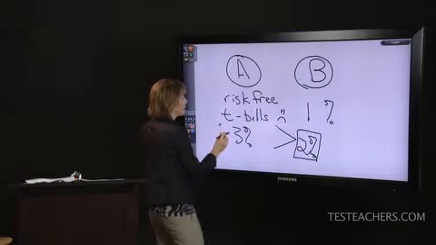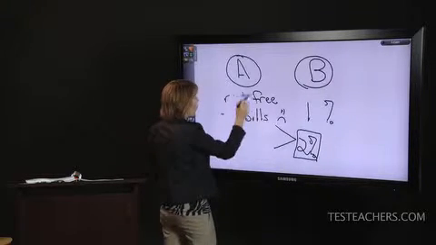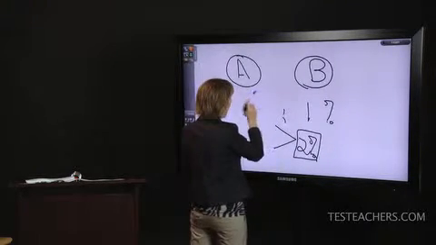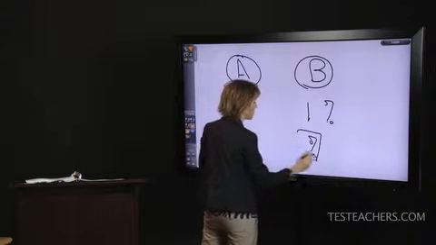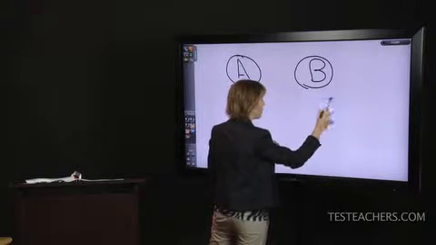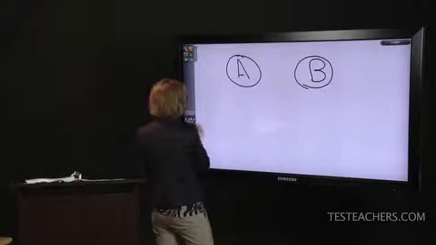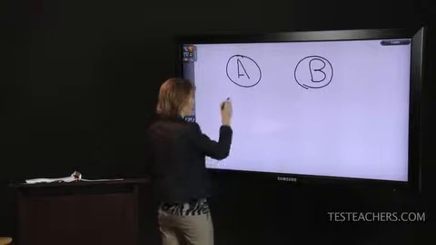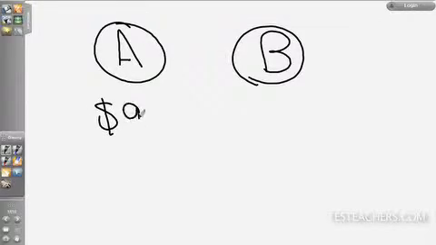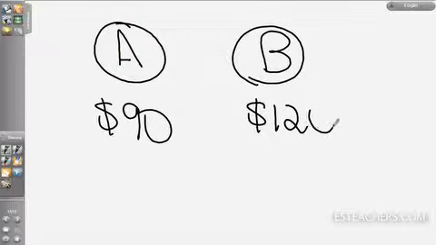So you're either going to see this as a percentage, or you're going to see this question as a dollar amount. So let me give you another example. It says that choice A would have yielded you $90, but you went this way and you earned $120.